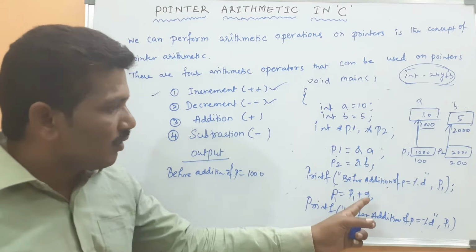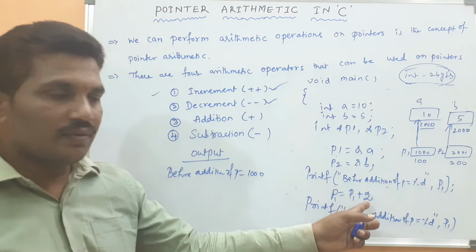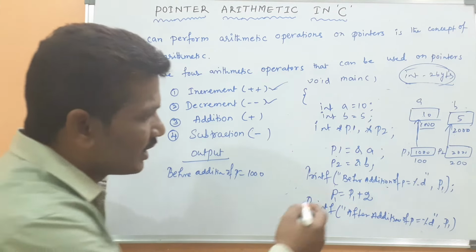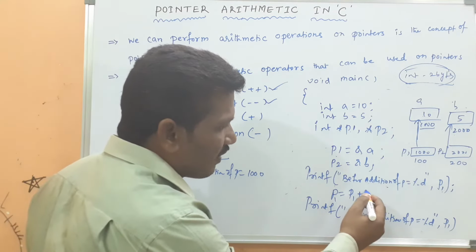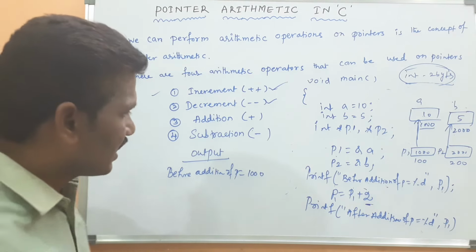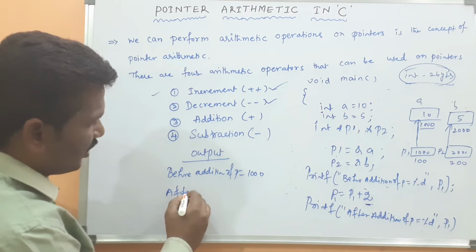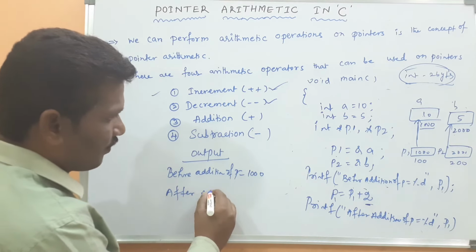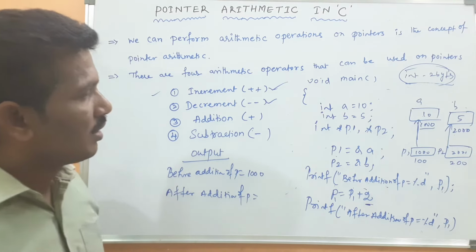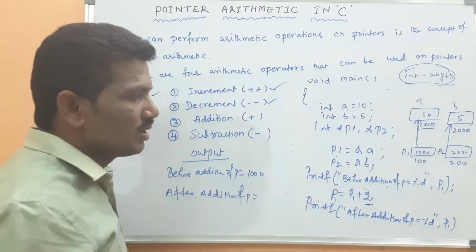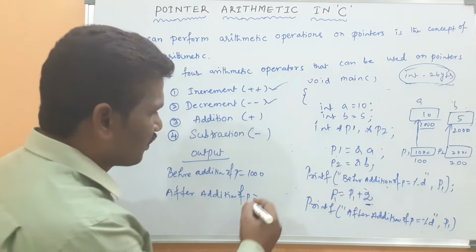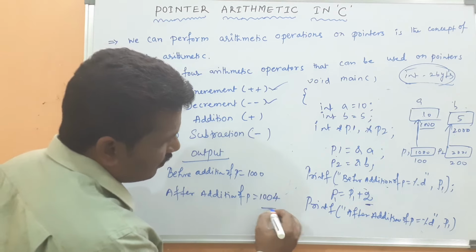If integer 1 is added, it is incremented by 2 bytes. So an integer value can be added to the pointer variable. What is the next location of the pointer variable after addition of P? 1000 to 1002, then 1 means 2 bytes, 2 means 4 bytes. What is the answer? 1004.